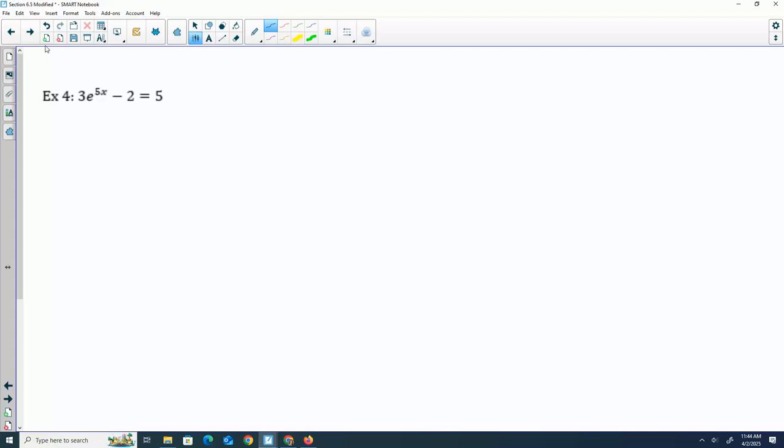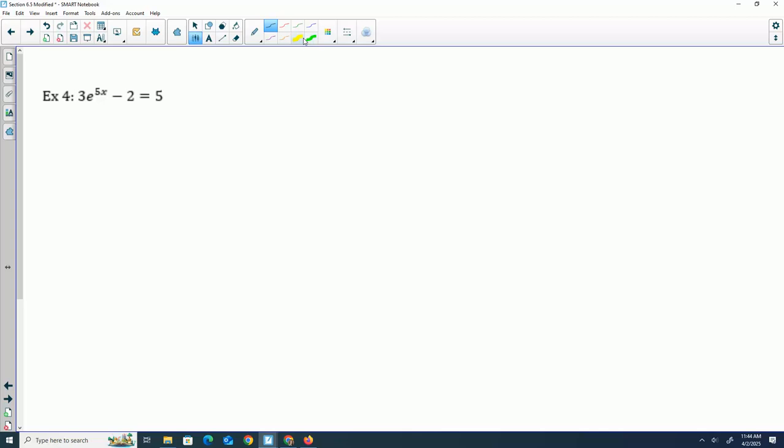Let's take a look at this. We want to isolate the exponential before we add our log. The exponential is the thing with the exponent on it. So what would I do first?